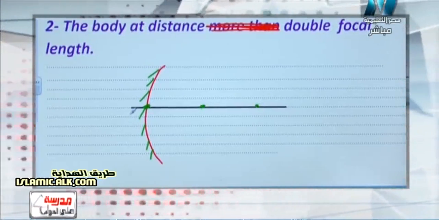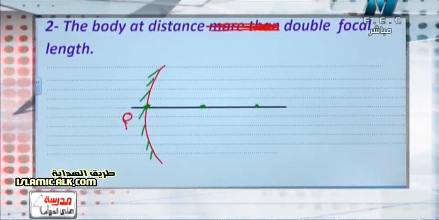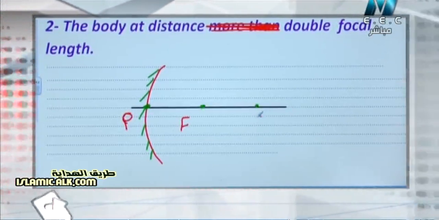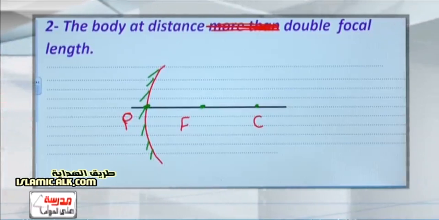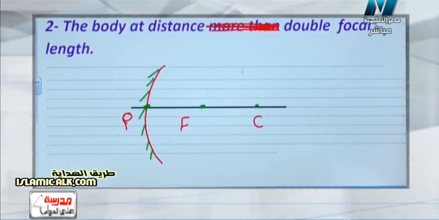Here we have C, here we have P, F, and C. Number 1, we should draw the object at double focal length.